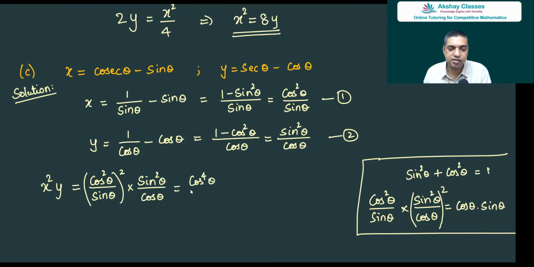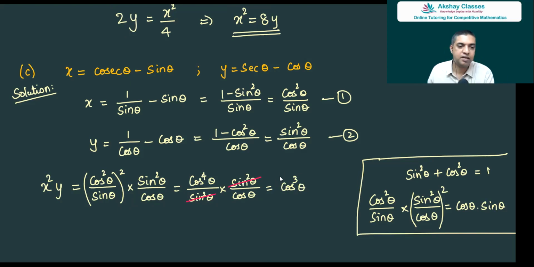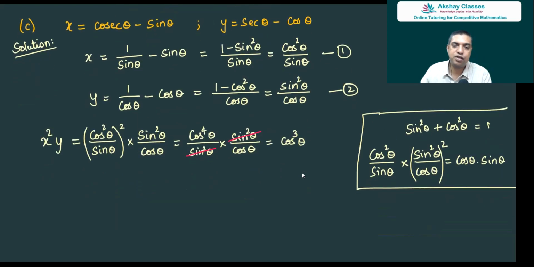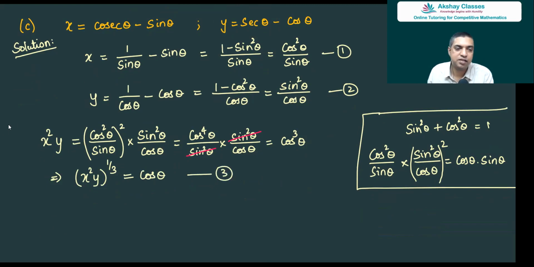Cos power 4 theta by sine square theta times sine square theta by cos theta. Sine square theta gets cancelled. This is cos cube theta. X square y is equal to cos cube theta, which implies x square y to the power 1 by 3 is cos theta. This is equation 3.